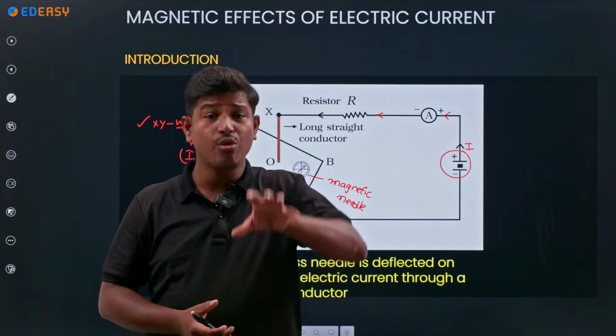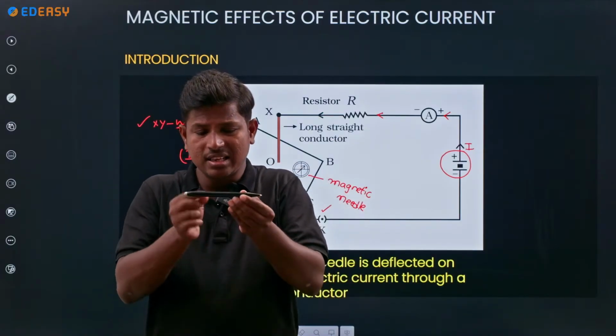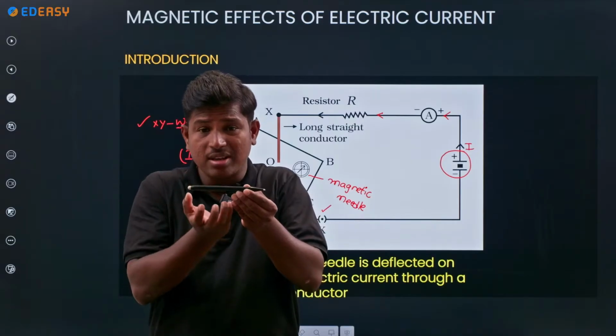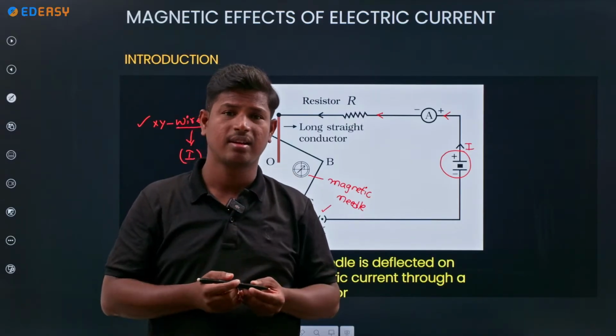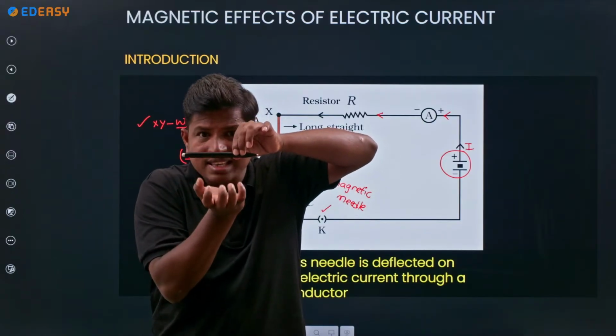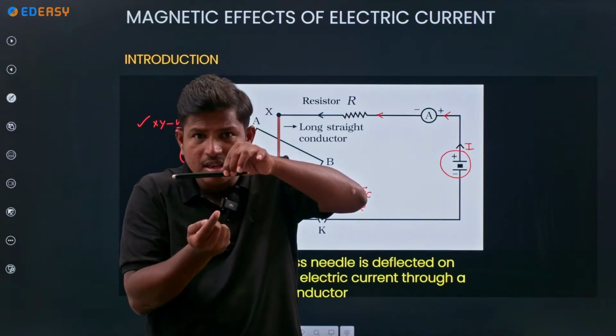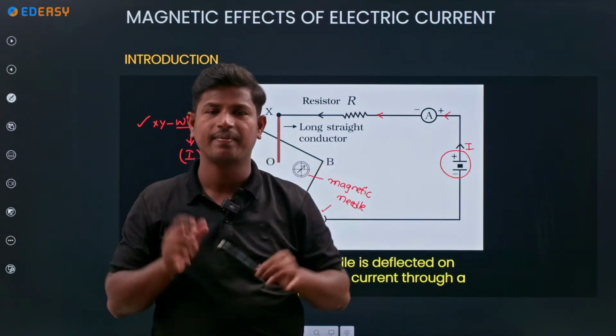They did an experiment, right? Whenever electricity passes through a wire, there is a compass under the wire. If electricity is passing like this, the compass under the wire shows deflections like this.